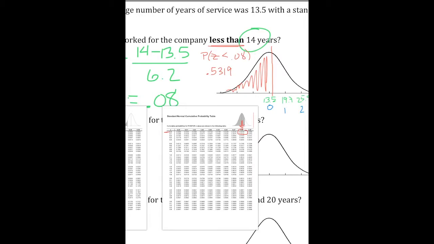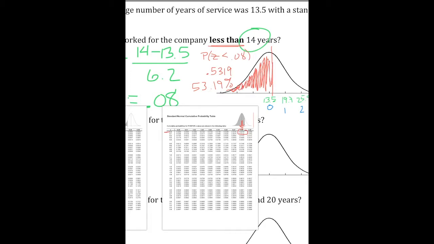So how does that relate to the picture? 0.5319 is your percent chance that somebody has worked for the company less than 14 years. There is a 53.19% chance that somebody randomly chosen has worked for the company less than 14 years. That also means that 53.19% of this standard normal curve is filled in.